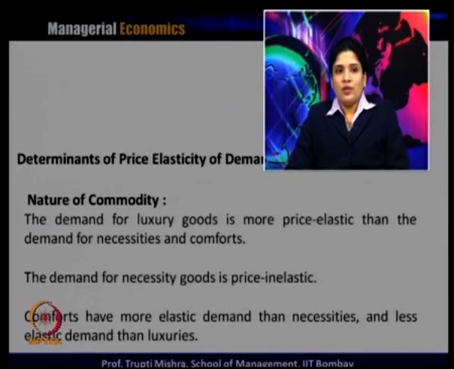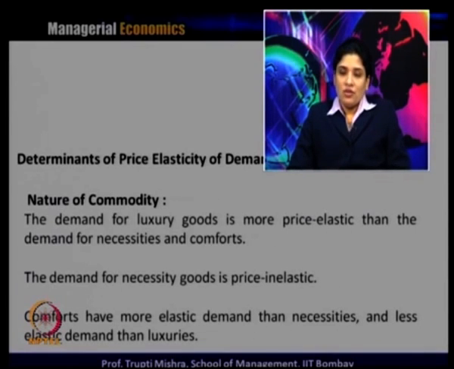So for a typical good, it may be a necessity for the high income group, maybe a comfort for the middle income group, and a luxury for the low income group. Like owning a house in a metro, maybe it's a necessity for a high income group, maybe a comfort for a middle income group, or maybe a luxury for a low income group.